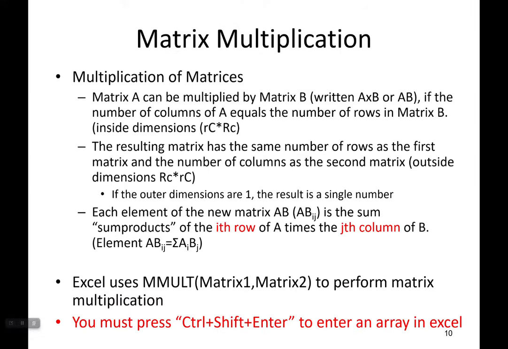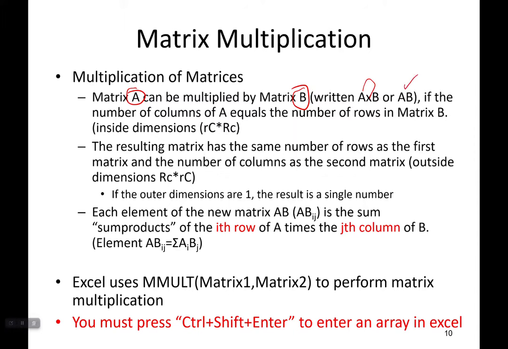Now, we're going to wind up multiplying matrices together to solve some problems. So you can take two matrices and multiply them together. If you had, say, matrix A and you want to multiply that by matrix B, you would write the new resulting matrix A times B, or simply AB.